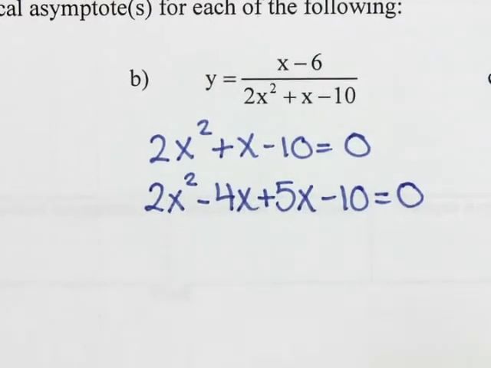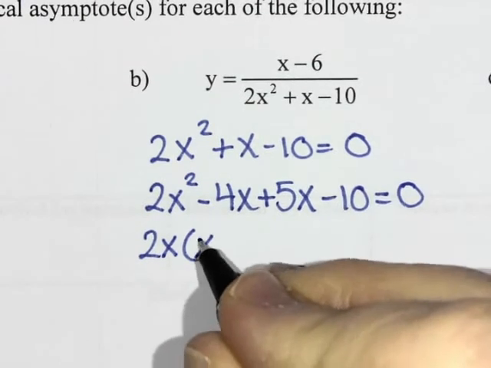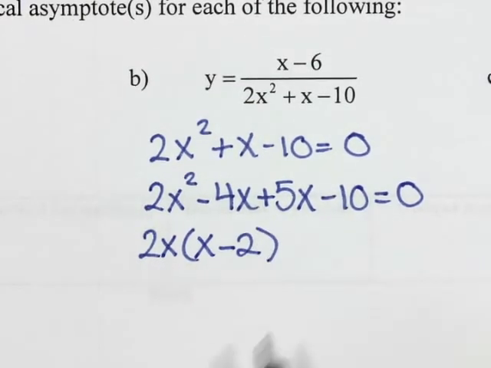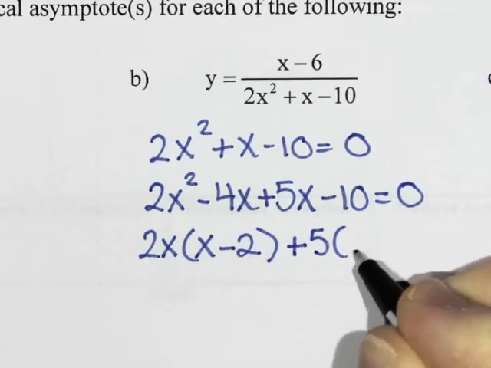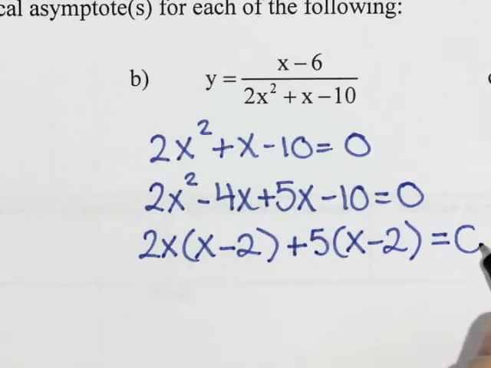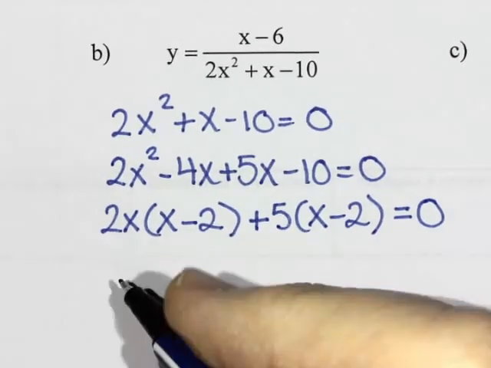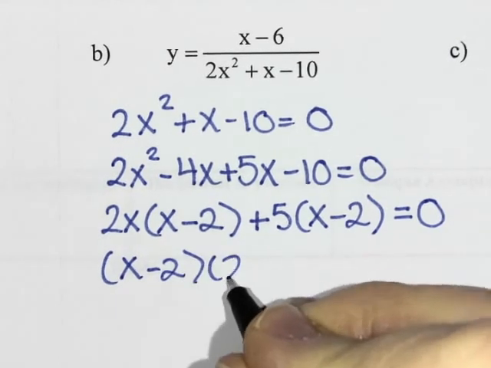Out of the first pair, I can take out a 2 and an x, and I get x minus 2. Out of my second pairing, I can take out a 5, and I get x minus 2, and that still equals 0. So I have (x minus 2)(2x plus 5).